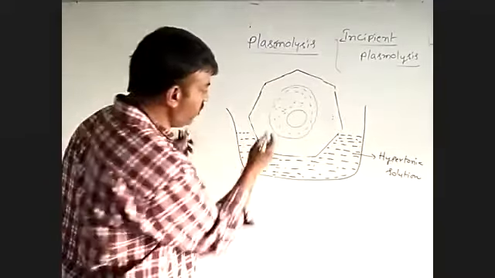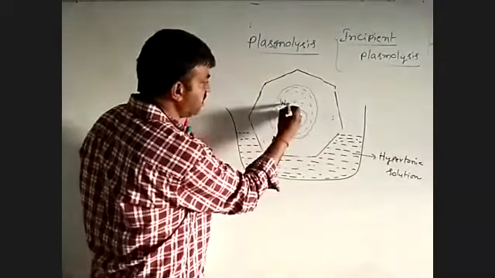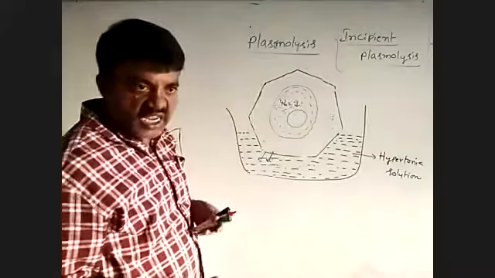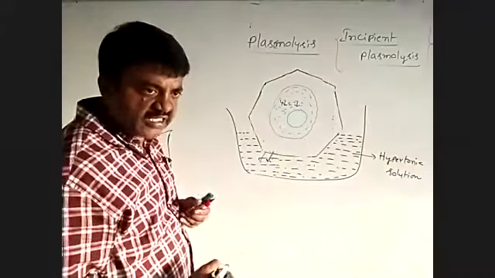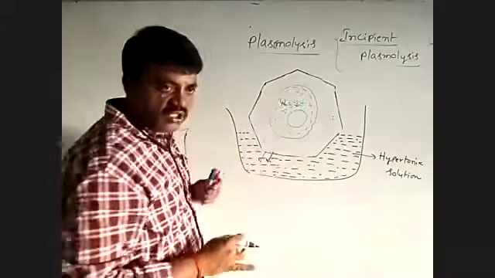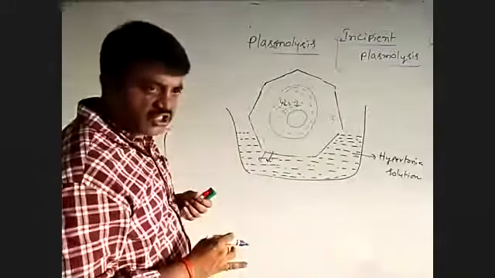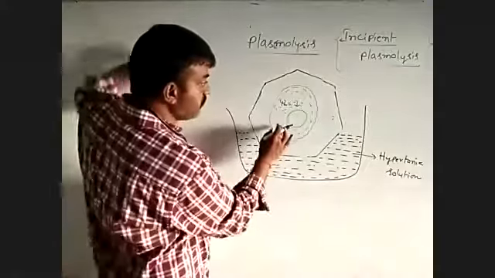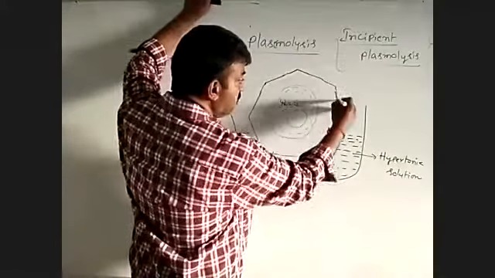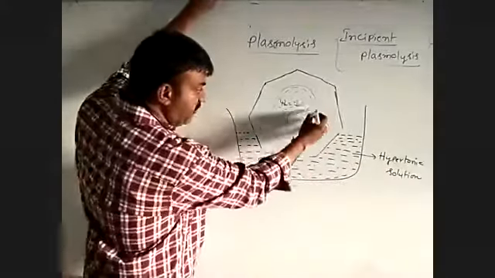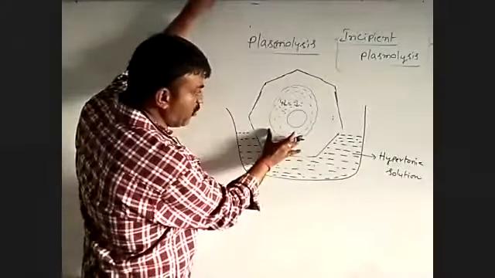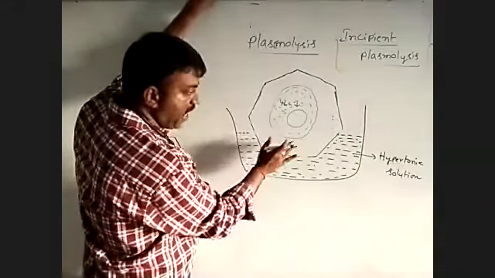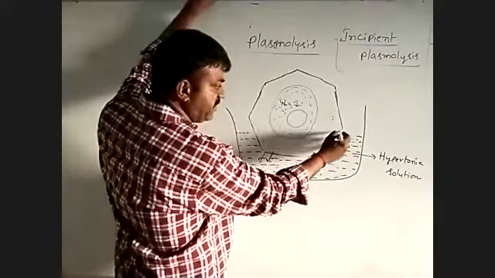Now in the contracted protoplast, the water potential is very low and the concentration of solutes is very high. Okay, right. Tell me. So now, due to the elimination of water, the entire protoplasmic content gets separated, and the plasma membrane also separates from the cell wall.